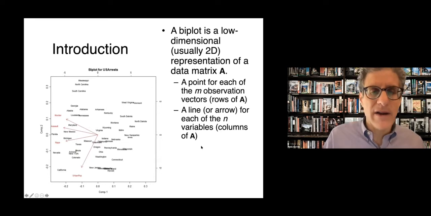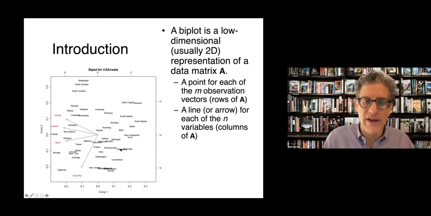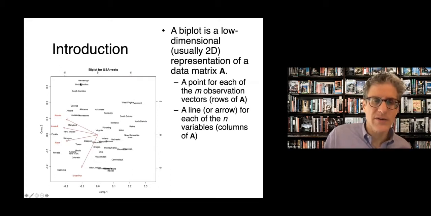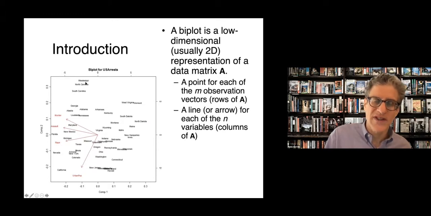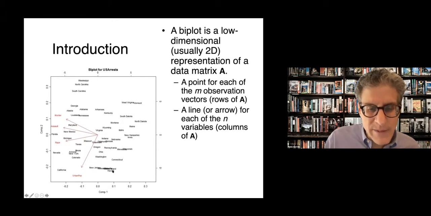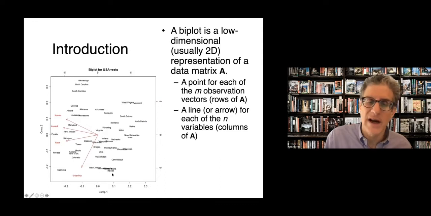Now, if we do a PCA of one of them, we could see all the states, and we'd have the different principal components. We could see, for instance, that maybe North Carolina and Mississippi were similar in their crime profile, and New Jersey and Hawaii are pretty similar too.